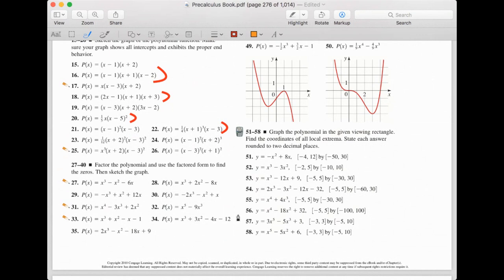Okay, let's try some in 27 to 40 also. If you could try 28, try these even numbers, try these 4 now. I'm going to leave you 27, 29, 31, 33, 35 as homework.